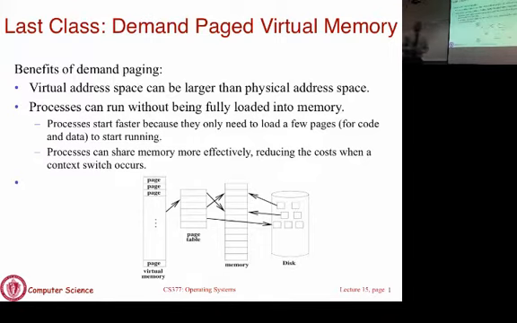We did some analysis to figure out what is the impact of a page fault, and basic takeaway was, since disk is several orders of magnitude slower. Memory access times are in nanoseconds or tens or hundreds of nanoseconds. Disk access times are in milliseconds. So there's a big difference between nanosecond memory and millisecond storage.